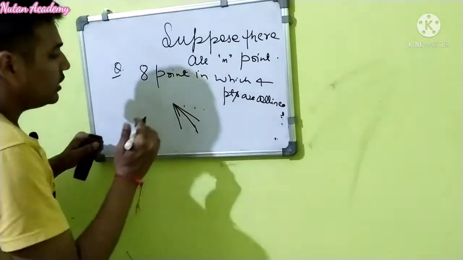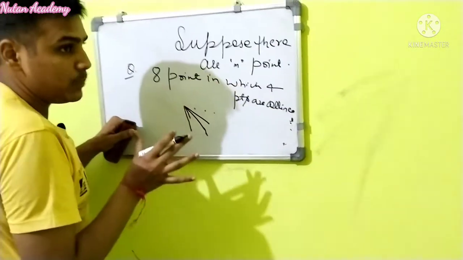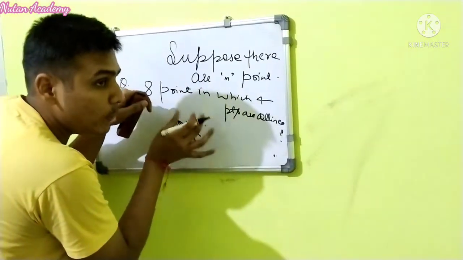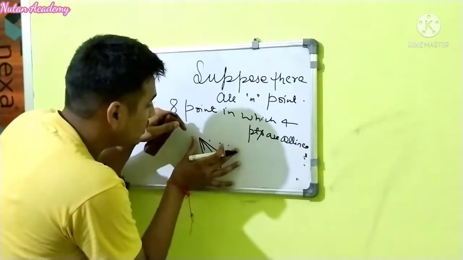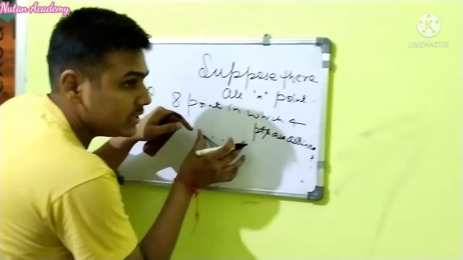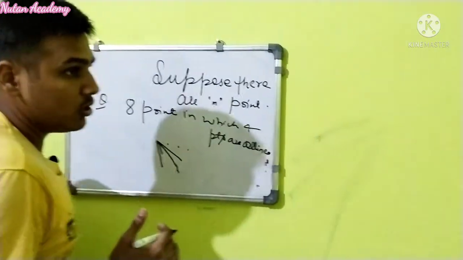But if you make a straight line from these 4 collinear points, please notice my words, it means you will select 2 points from these 4 points, and how many straight lines can be drawn?